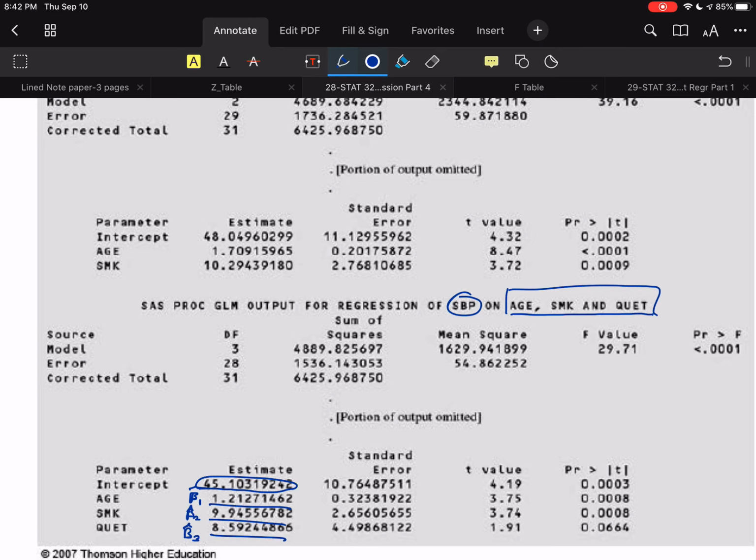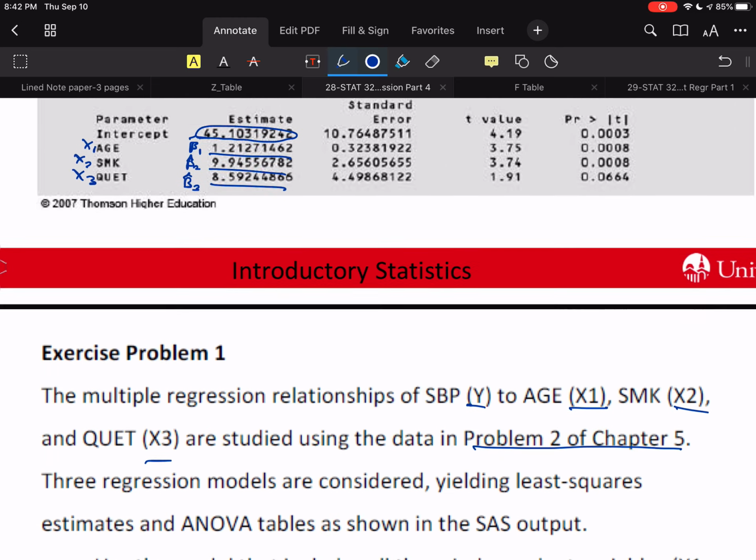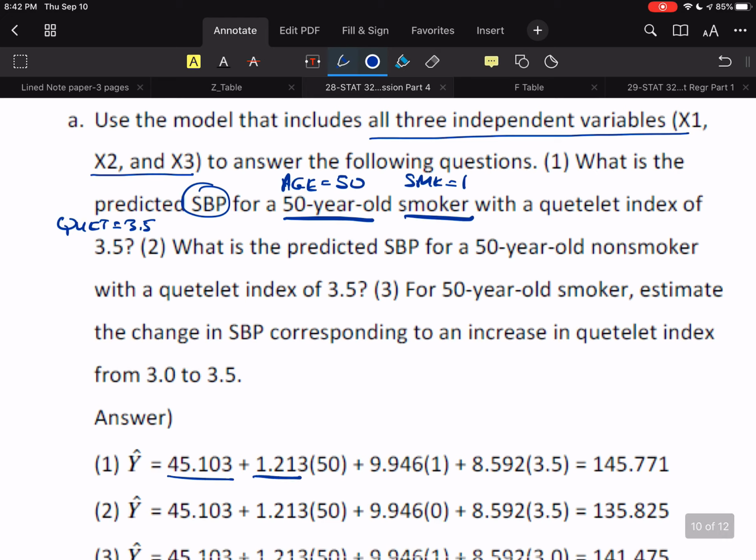So we write those down, and then x1, x2, x3. So there we have it: 45, then 1.213, rounded to 3 decimal places, and this is for age, x1. This is for smoking, and this is for QIT.